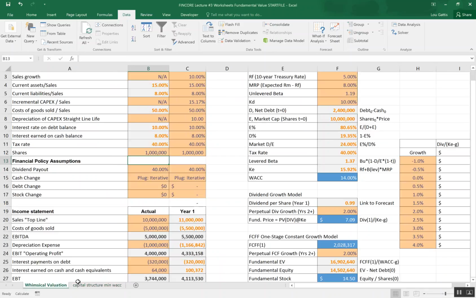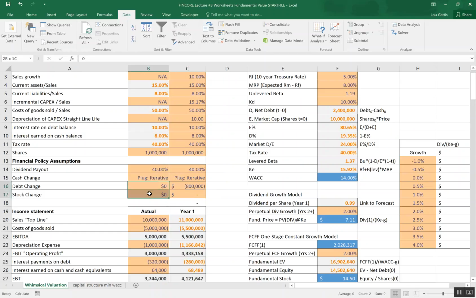So what we learned from this exercise here is that capital structure has no effect on free cash flows, but it is going to have an effect on WACC. Right? So again, if I reduce my debt by $800,000, it has no effect on free cash flows.